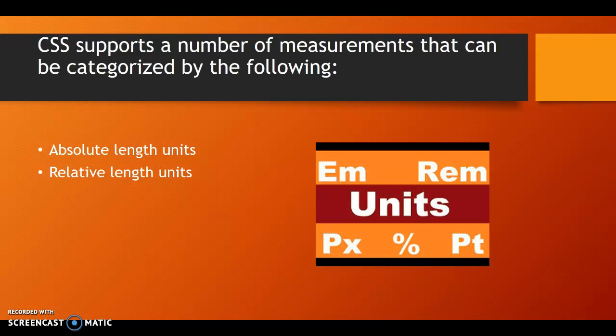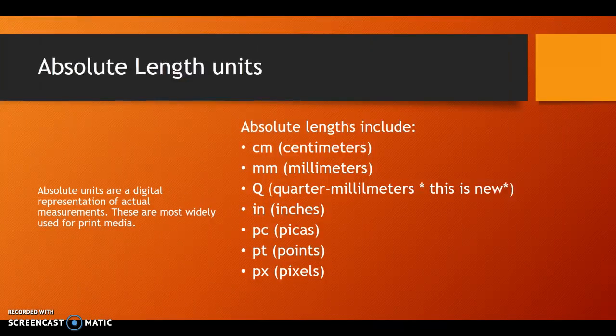The absolute length units are generally used in print media for the most part, and the relative length units I've learned are mostly used on the web. So these are the two. We'll go through the things that were being categorized into these two units.